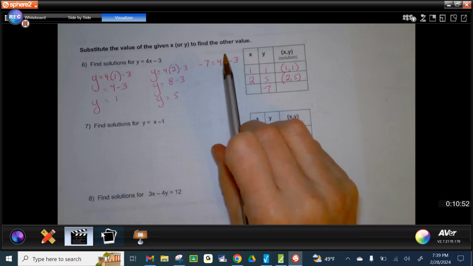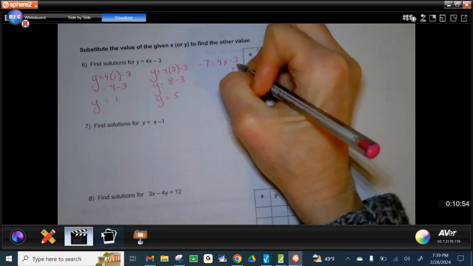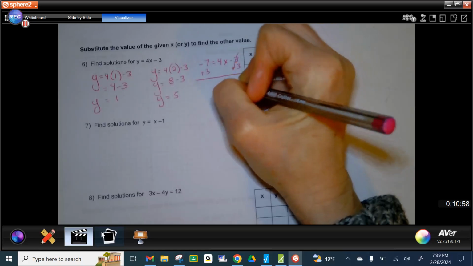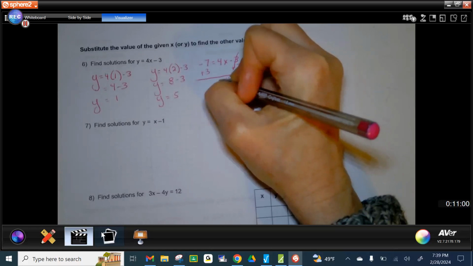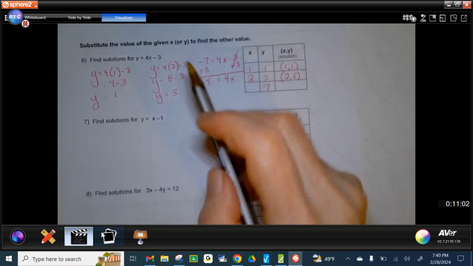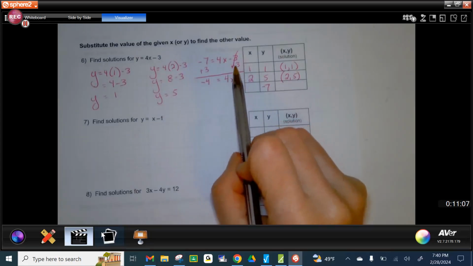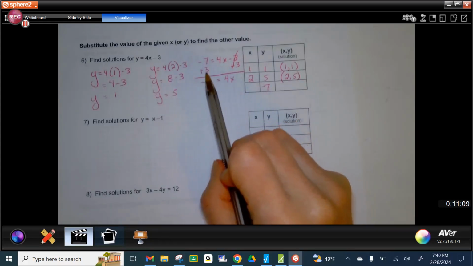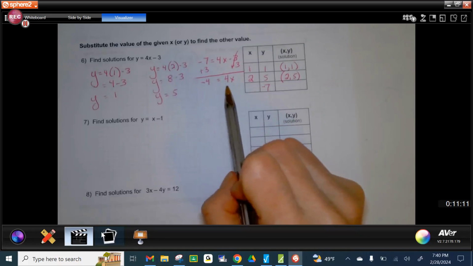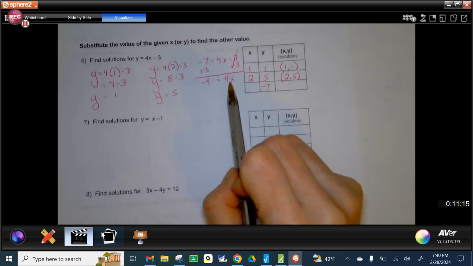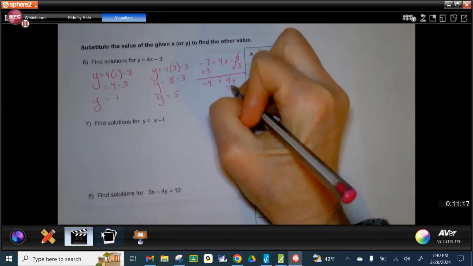Well, these two are best friends. So we're going to add 3 here to this side and add 3 here to this side. Okay, and we get 4x equals negative 4. So first we got rid of the negative 3 by adding it to both sides. Now I need to solve for x by dividing by 4. 4 is being multiplied times x, so we're going to divide by 4.